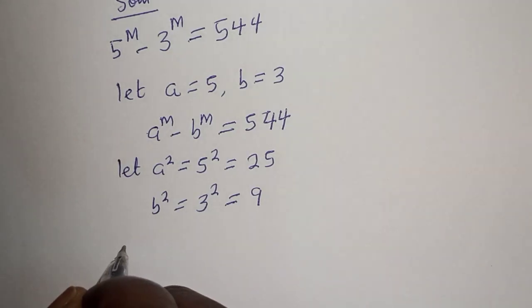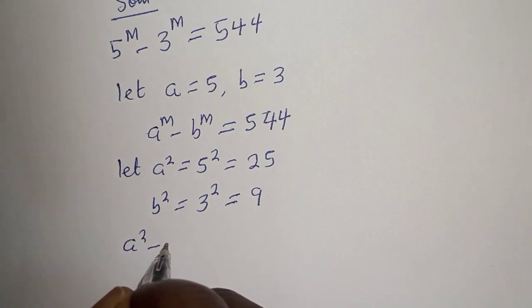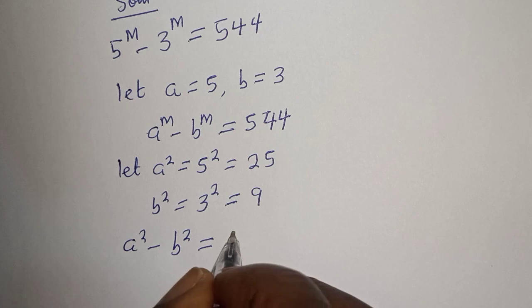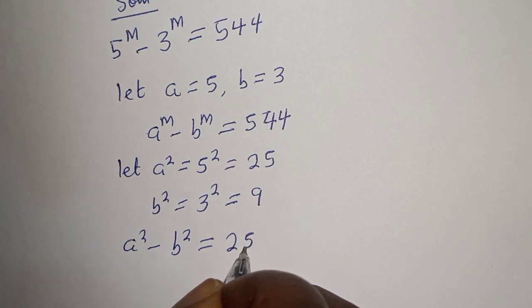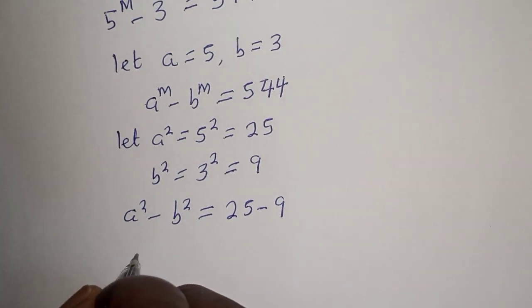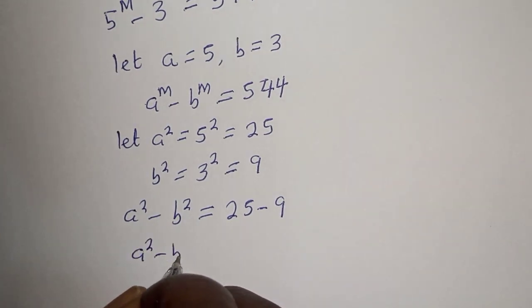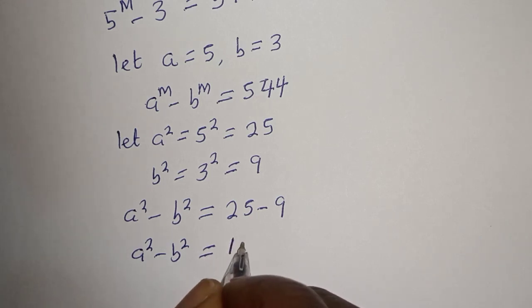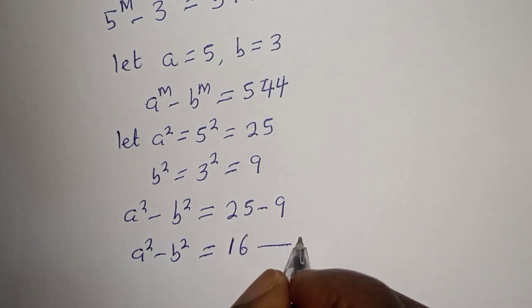Therefore, a square minus b square, this is equal to 25 minus 9. A square minus b square will be equal to 16. Let's call this equation star.